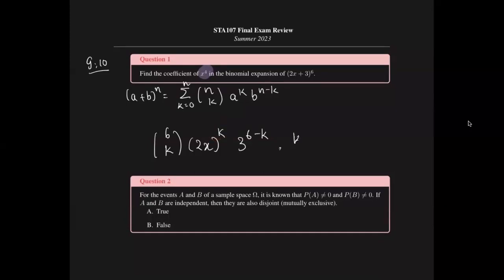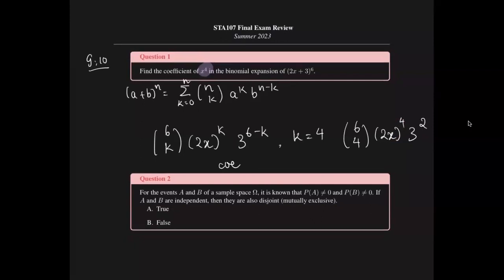So if k equals 4, we will have 6 choose 4, 2x to the power of 4, and 3 to the power of 2. So the coefficient is everything that is not x. So if you exclude the x to the power of 4, then your coefficient will be 6 choose 4 multiplied with 2 to the power of 4 and 3 to the power of 2. So this is the final answer.